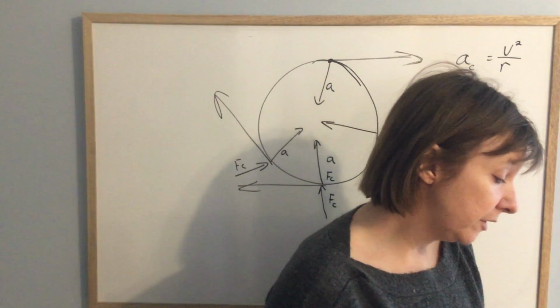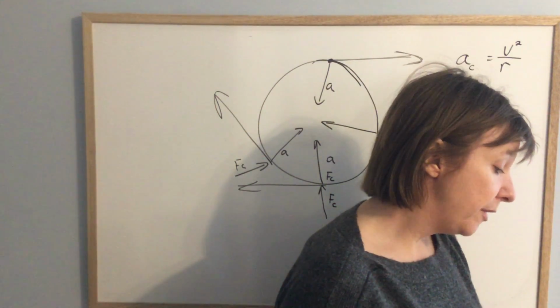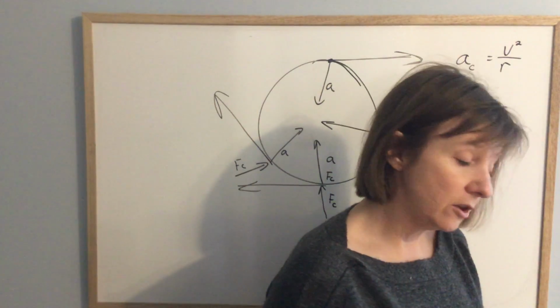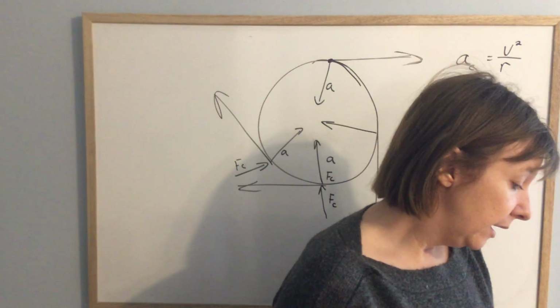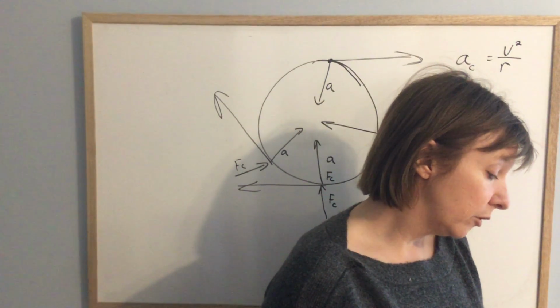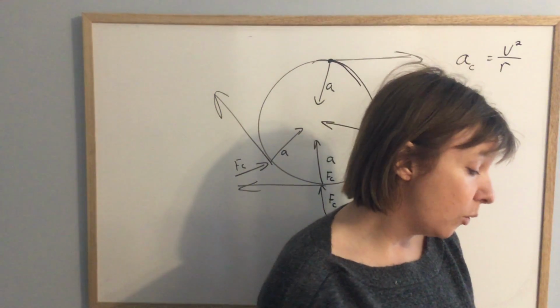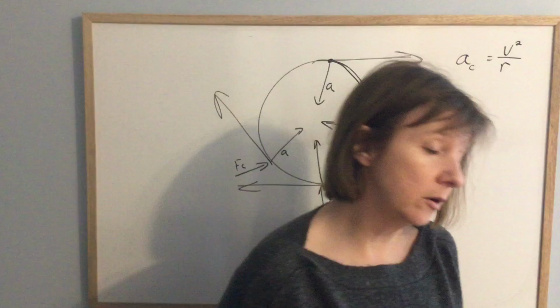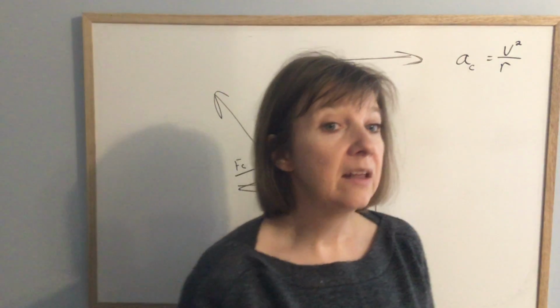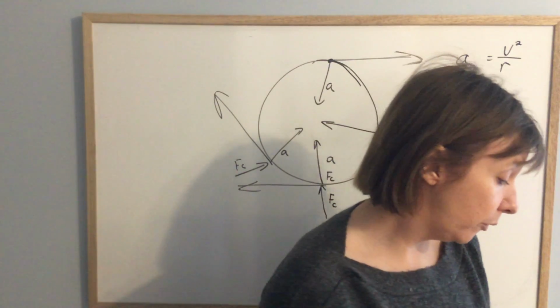The concept of centripetal force differs greatly from that of other forces that you've encountered. It is not a type of force like friction or gravity. It is instead a force that is required in order for an object to move in a circular path. Something cannot move in a circular path unless there is a centripetal force.